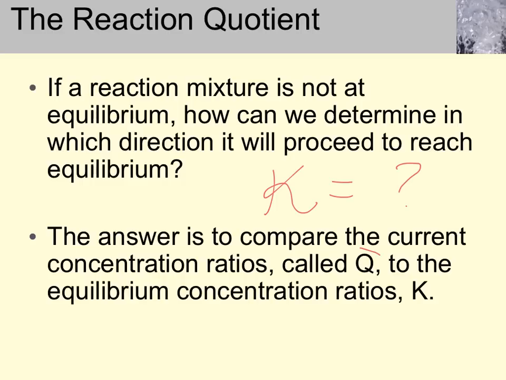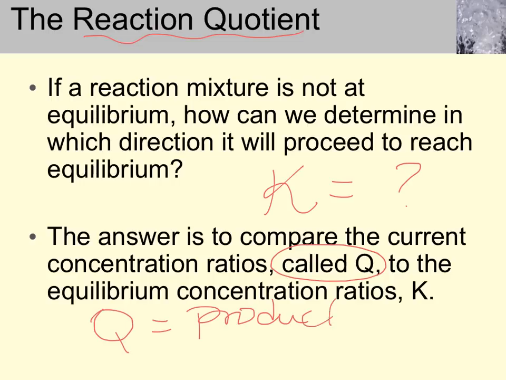So what we call this is Q, the reaction quotient. And Q is the same as K as far as the mathematical expression. So Q is products over reactants, just like K is, raised to whatever the coefficient is, so they're raised to some power.